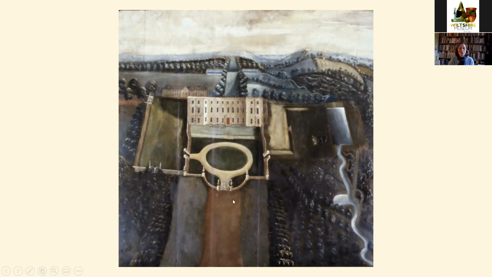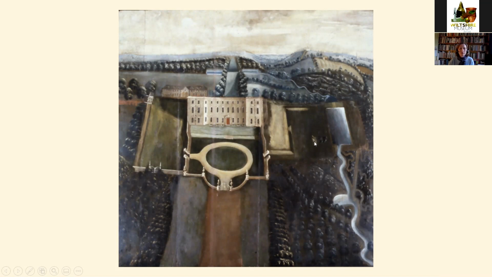But as I said, this topographical view does give us quite a lot of information as we look at it. And it's been tipped up enough that we can see the fish ponds in the distance, which have been made geometric. And the owner would have been proud of these fish ponds. They were status symbols.